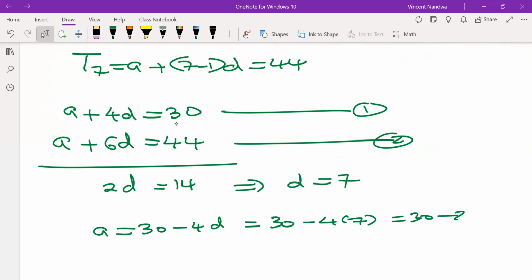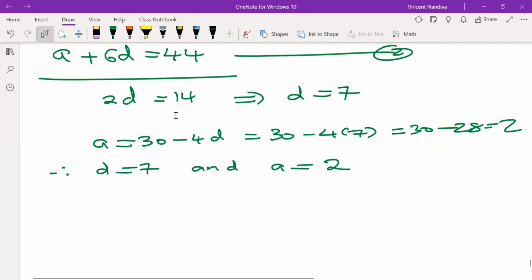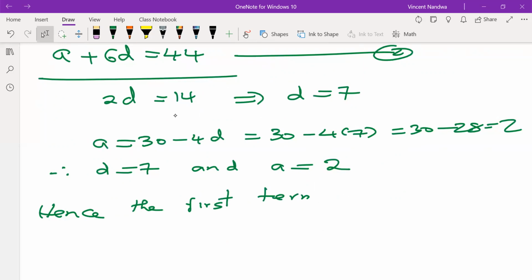So 30 minus 28, which is 2. So therefore, d equals 7 and a equals 2. And the first term is 2, and the common difference is 7.